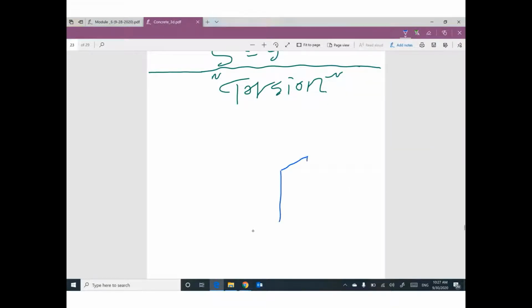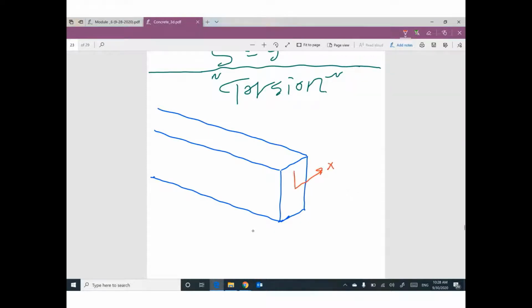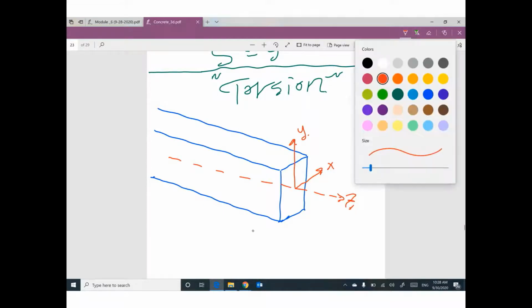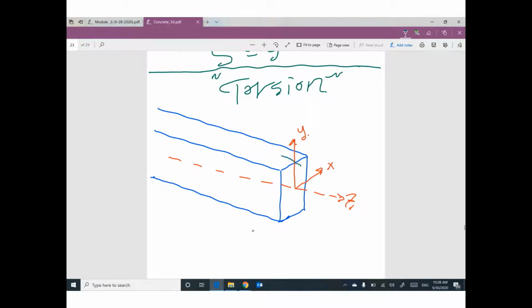If you have a beam like this, and you have here 3 axes, one called X, one called Y, and the other one called Z. If you have a moment like this, do you know which axis this moment is rotating about? What do you think?